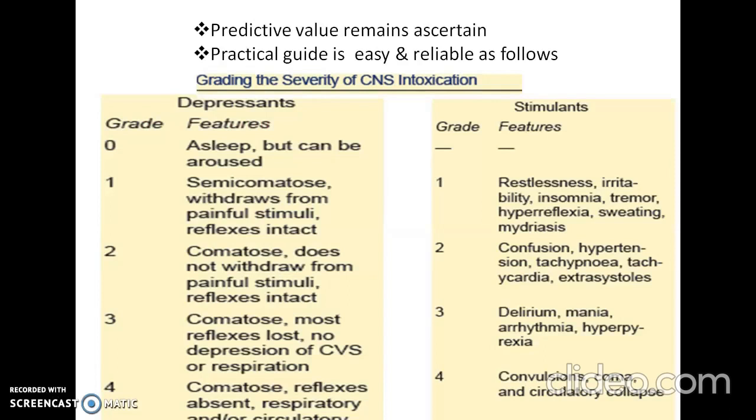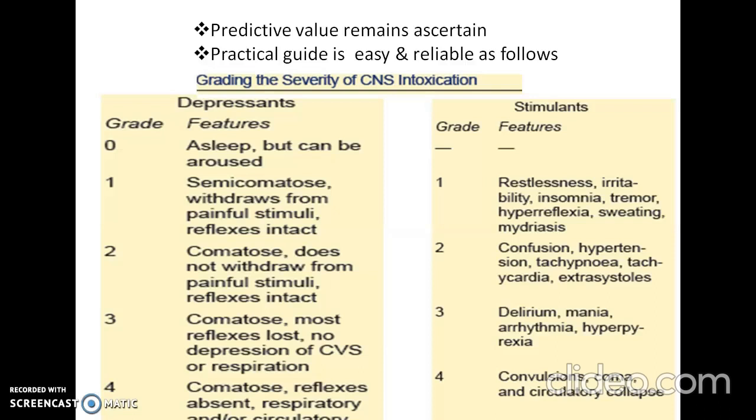Now, in order to overcome the drawbacks I mentioned with the earlier scale, because it is very much suitable during trauma or head injury rather than some acute poisoning condition, and its predictive value may remain uncertain because it may be due to some drugs, some practical guidance we will be using is a grading scale, which may be much easier and reliable in such conditions.